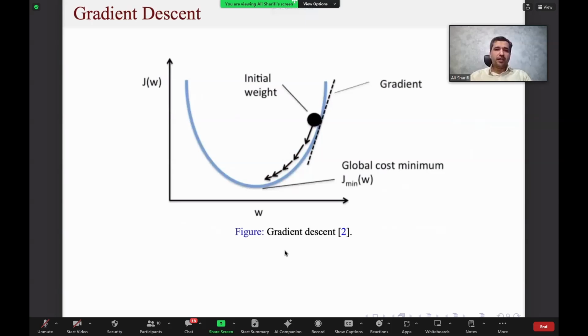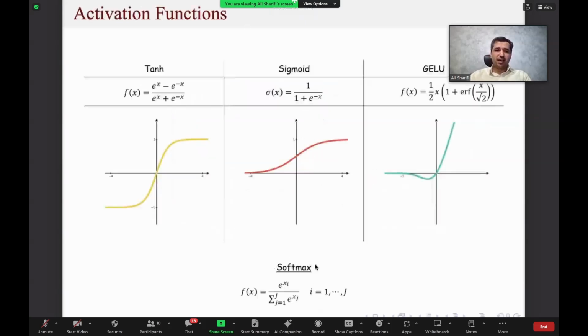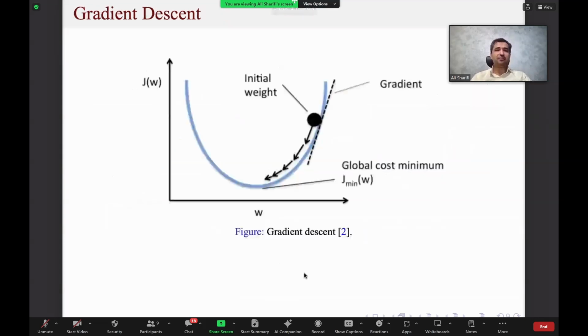This is very important: softmax is a kind of activation function for the last layer whenever our problem is classification. So softmax is one of the most important and widely used activation functions for multi-class classification.